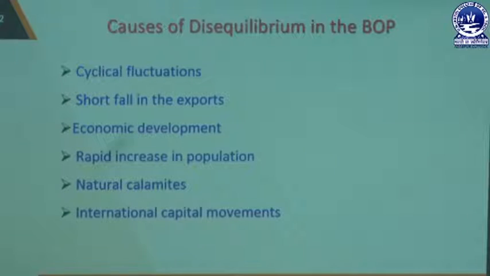And that is another reason, the natural calamity, of disequilibrium in the balance of payment. And the last reason of disequilibrium of balance of payment is international capital movements. The capitals are moved from one country to another country.